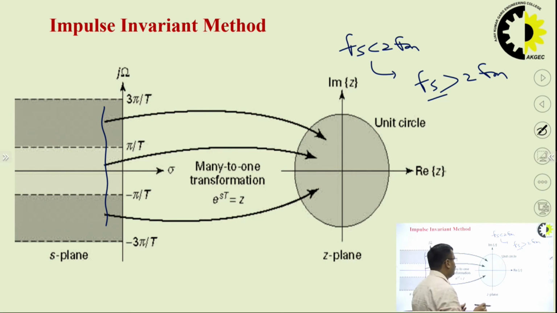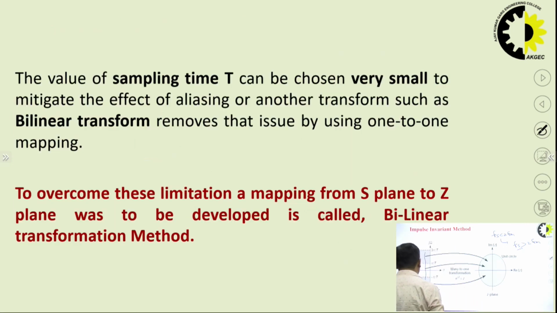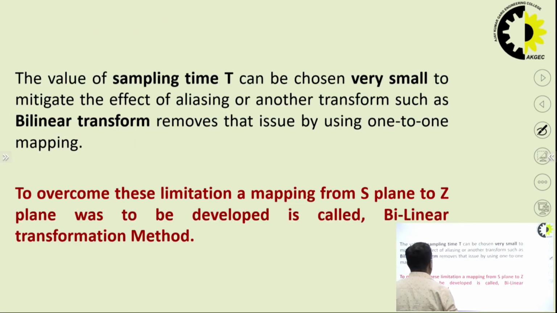If frequency is high, the time will be less. So the value of sampling time can be chosen very small to mitigate the effect of aliasing, or use another transform such as the bilinear transform that removes this many-to-one mapping and is based upon one-to-one mapping.